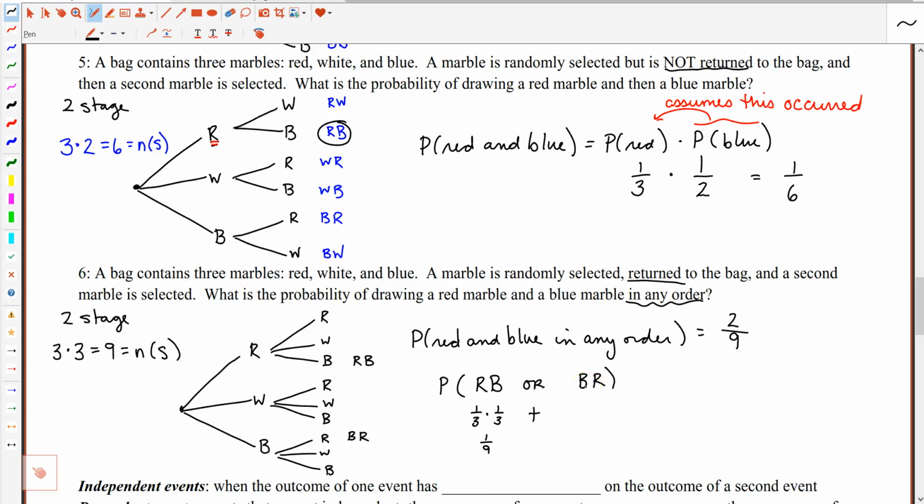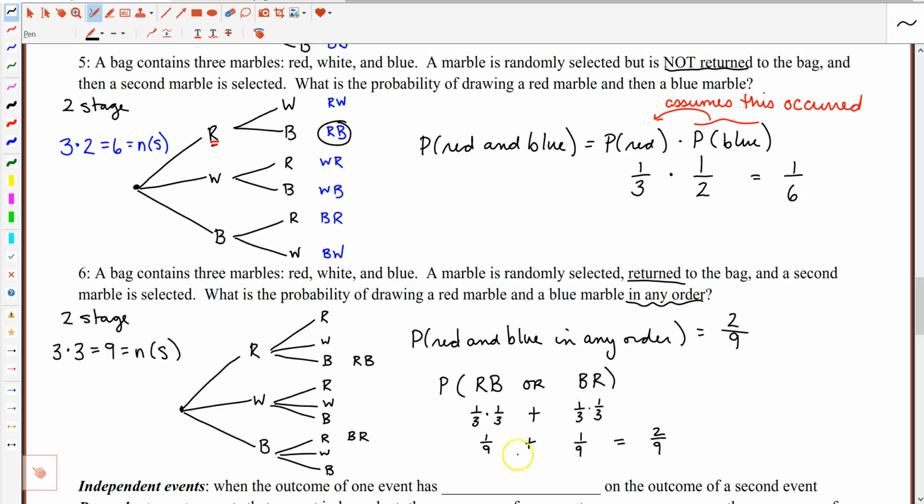So the probability that the first one is blue and then red: there's a 1/3 chance that the first one is blue, and a 1/3 chance that the second one is red. Multiplying those together gets you another probability of 1/9. And then you would add up your different probabilities for your different events, and you get your 2/9.